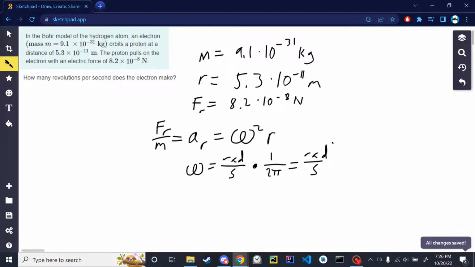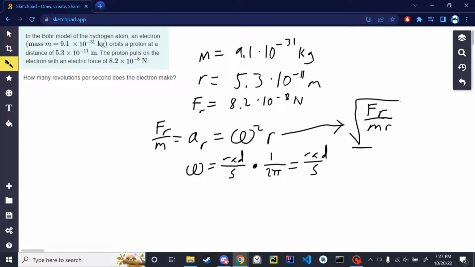So if we extrapolate this out to the just over here somewhere, the square root of FR divided by M, with FR being the radial force, is going to equal W, and we need to divide W by 2 pi in order to get the radians per second.